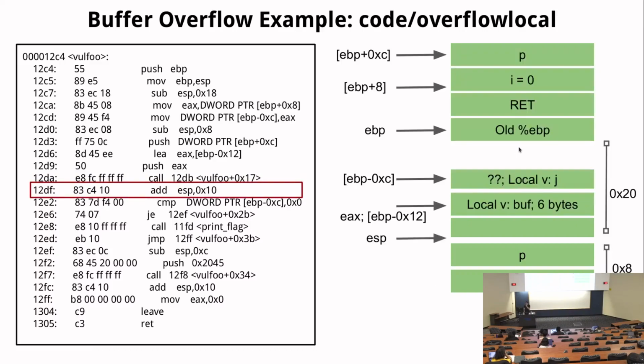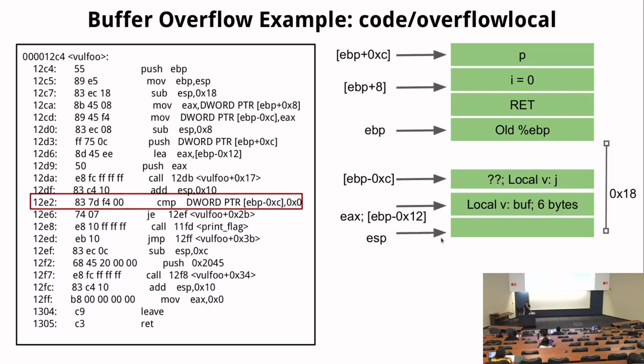After we call that function, we return, and ESP goes back to here. Then the rest is just to clean up everything here, and also there is a print flag system call, because here we compare whatever is in this local variable EBP minus C with 0.